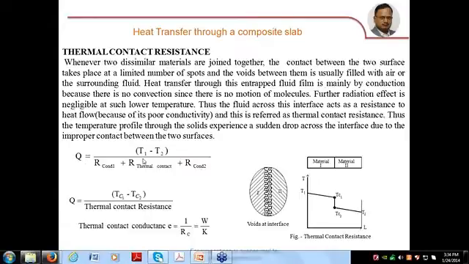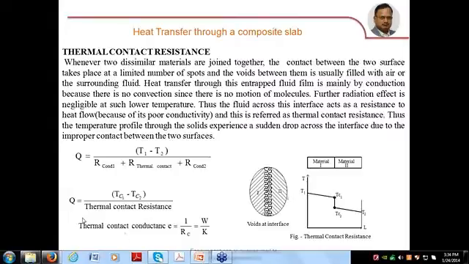So the expression for Q is T1 minus T2 by R1 plus R contact resistance plus R contact 2. Because the same heat is flowing through all these three layers, as per law of conservation of energy, whatever amount of heat passes through material 1 shall pass through the gap and again shall pass through the material 2.